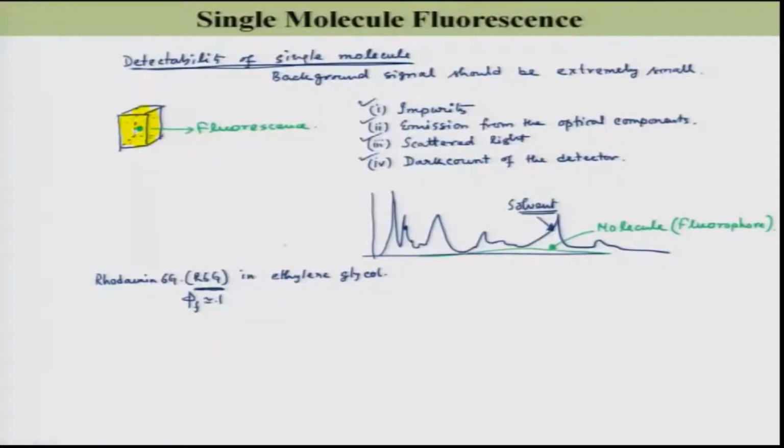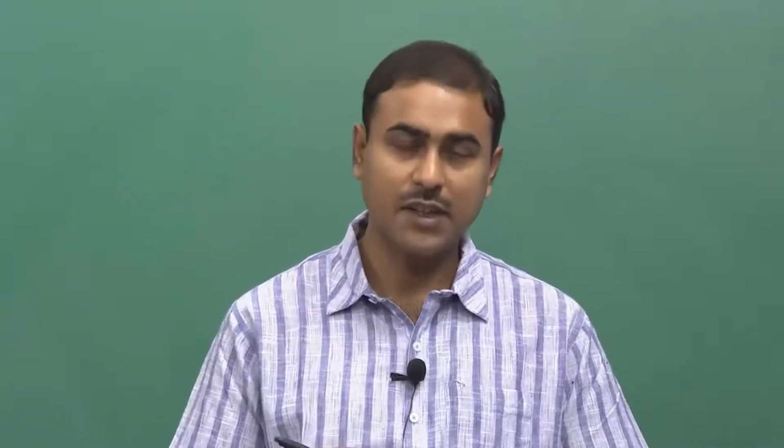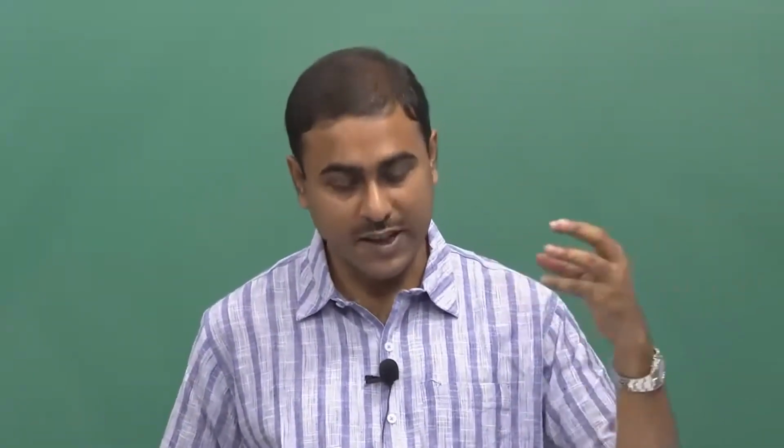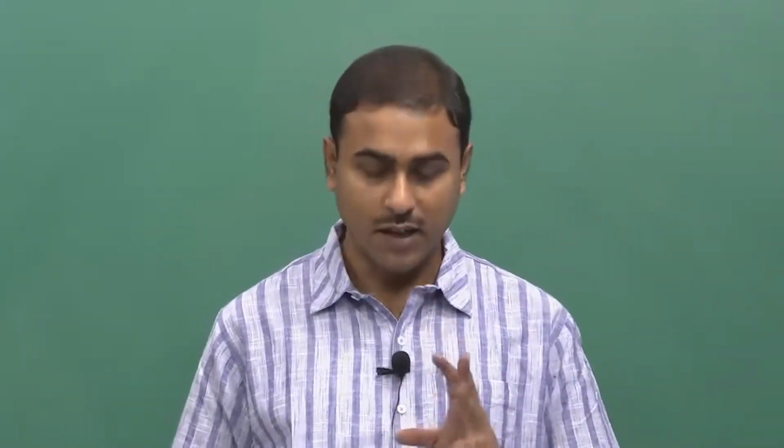Now, I will also tell you one thing, that is also my assumption: the absorption cross section of this rhodamine 6G molecule is the same as the molecular cross section, right. So, that means the number of photons which will excite this molecule will be 100%. If there are 100 incoming photons, all 100 photons will be absorbed, and the fluorescence quantum yield is 1. So, there is no loss at all.